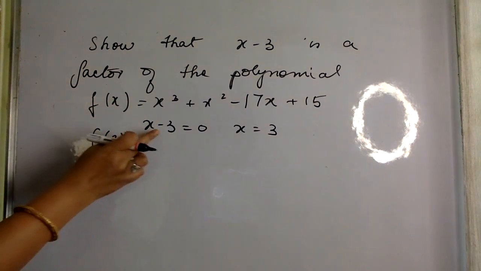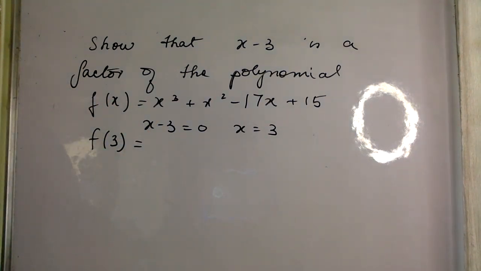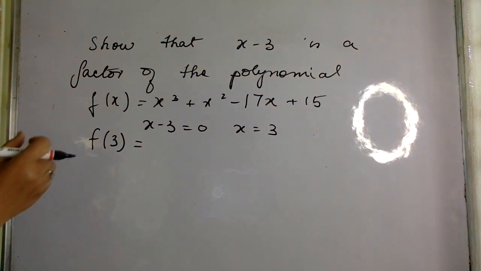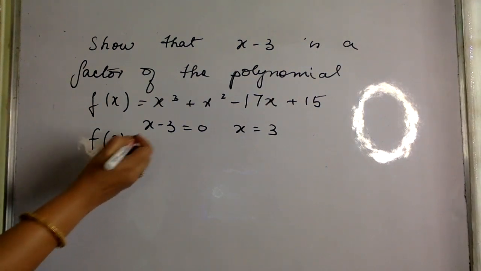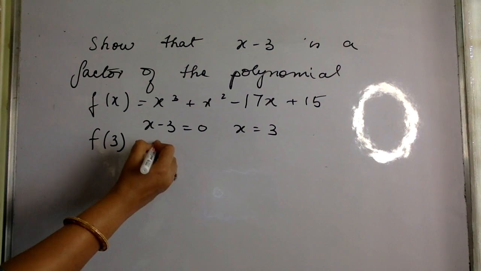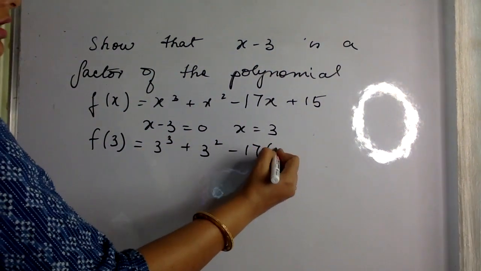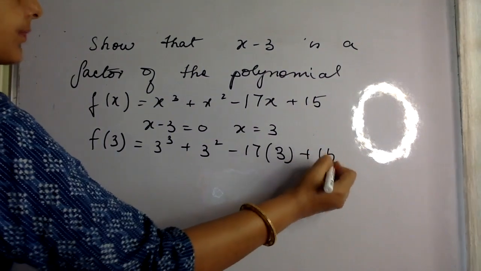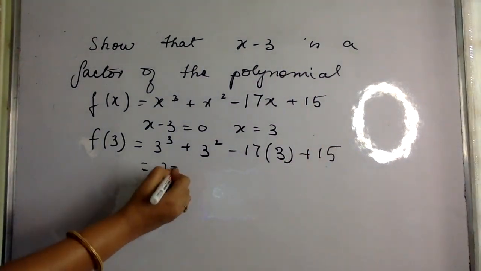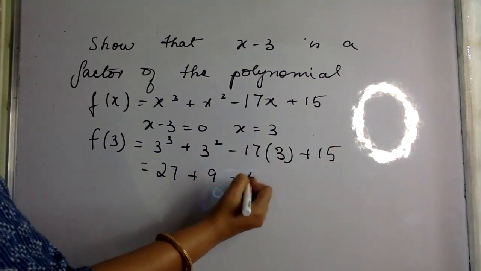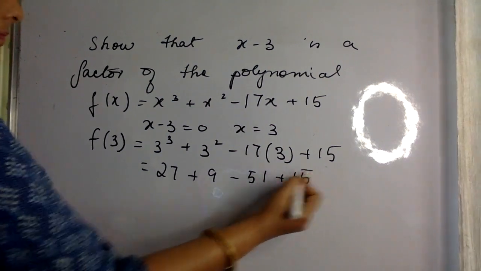If you are not understanding this, you can see the previous video, which talked about the remainder theorem in detail. So when I substitute 3 everywhere, I get 3 cube plus 3 square minus 17 into 3 plus 15, that is 27 plus 9 minus 51 plus 15.